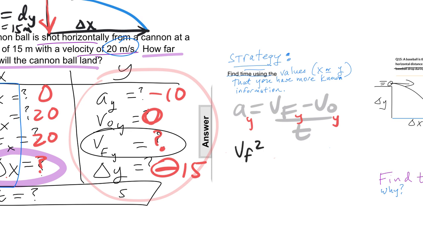VF squared equals VO squared plus 2A delta Y. VF squared, I don't have, but I can find that. Then I can find the time. Wow, there's probably an easier way, but let me just do this. VF squared equals, I'm just using the Y values.